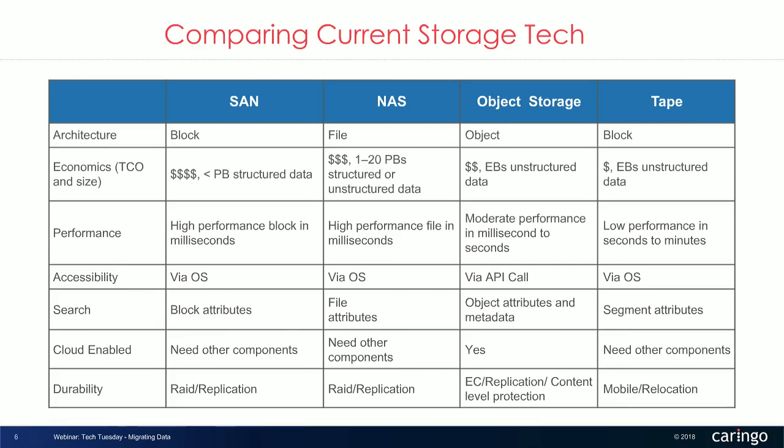Performance, depending on what type of resources you bring to bear, such as networking for clustering and the type of disk technologies you pick, can range from very tight milliseconds to maybe a little bit slower depending on what's being done. A very big change in accessibility is accessing it by an API call, a RESTful API call, HTTP calls like Eric alluded to earlier, and we'll go into that in a little more detail later.